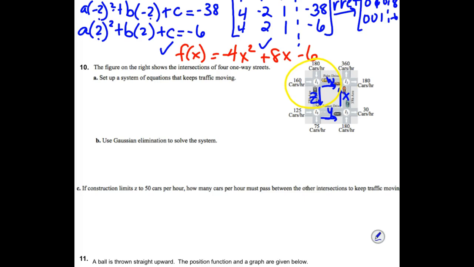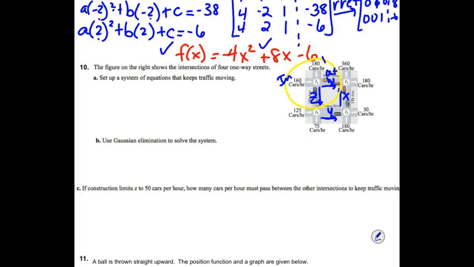Look at your arrows. From the 160, we're headed to the right, correct? So that 160 cars are going into that intersection. What's coming out on the other side is W. Yes? So for this intersection, this is an in and this is an out. Okay? Looking at the other street, what's going in?